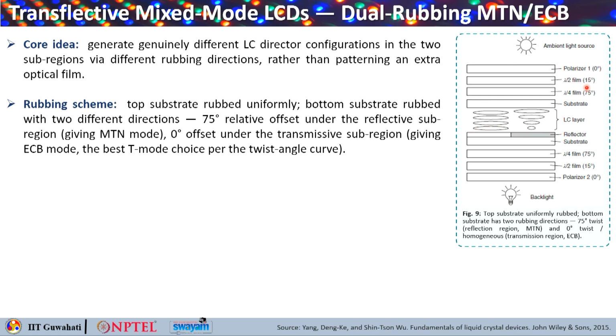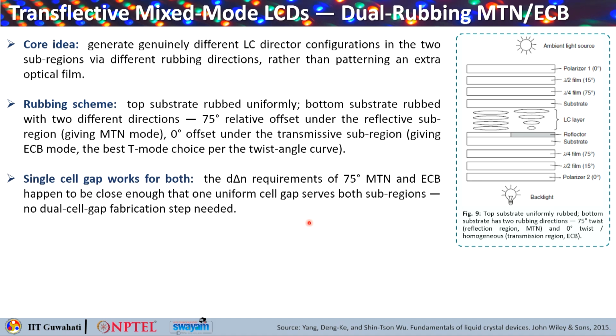The remaining parts, polarizer 1 and the half wave quarter wave plate, remain the same. At the bottom also you have something similar: a substrate, then the half wave quarter wave plate plus the same polarizer again.